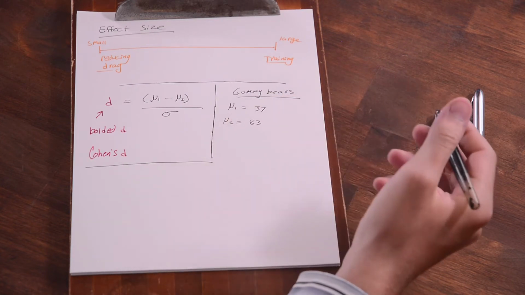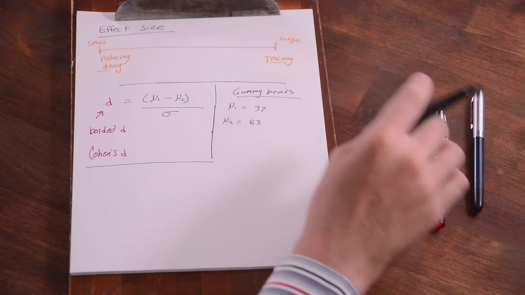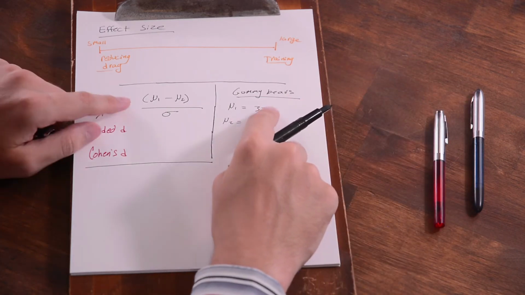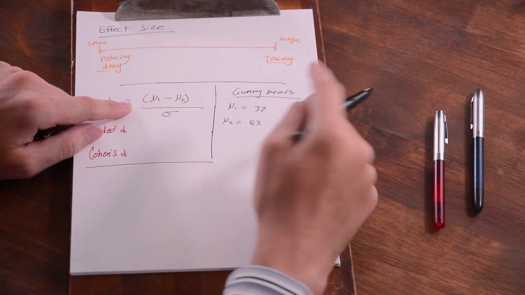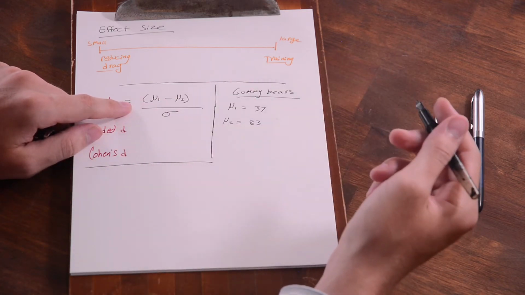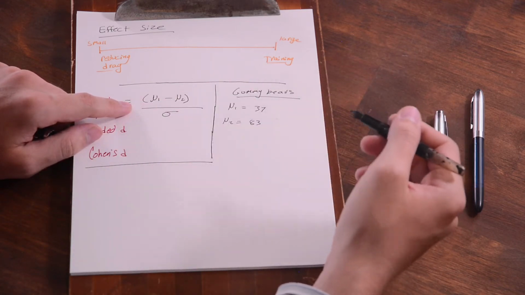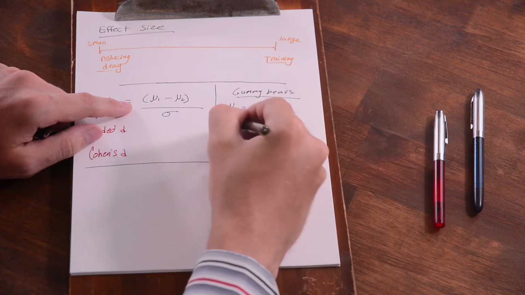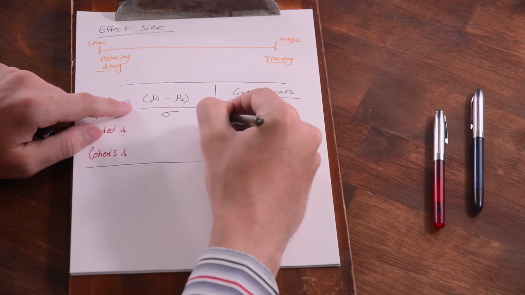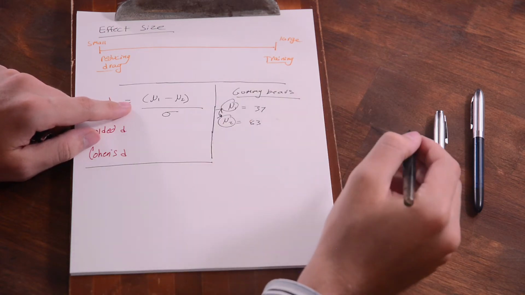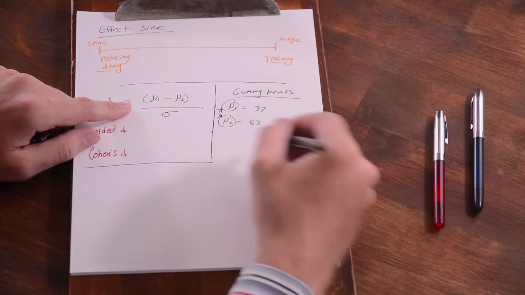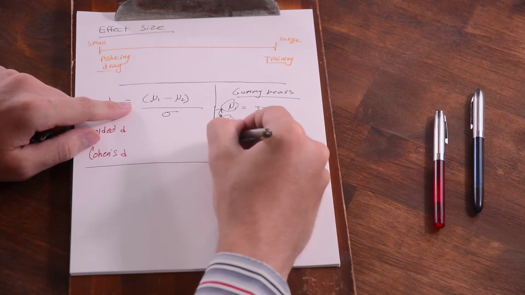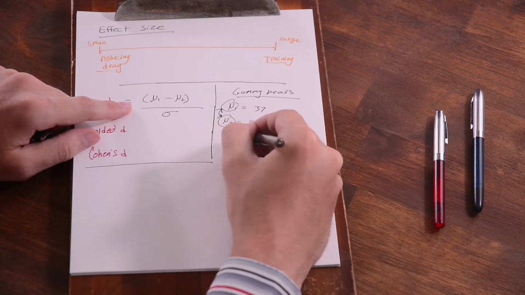And typically, we would orient mu1 and mu2 so that the larger one goes first, just so we're dealing with positive numbers. It's just a convention that makes things a little bit easier to keep going in our head, and we don't have to worry about negative signs. So let's go ahead and swap these around just so that we can continue to deal with positive numbers. And that our standard deviation is equal to, let's go 13 again.